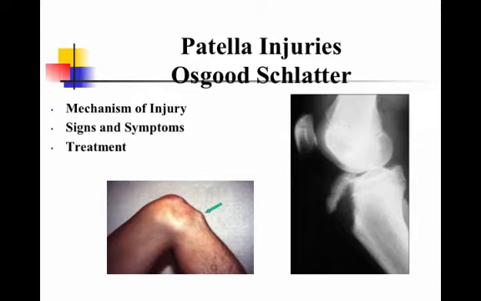Signs and symptoms include swelling, point tenderness, and pain when kneeling, jumping, and running. Treatment includes ice, stretching, and reducing stressful activities. This condition is often considered the excuse to get out of PE. However, the student doesn't need to stop activity altogether, only to protect the knee from excessive force or bumps.